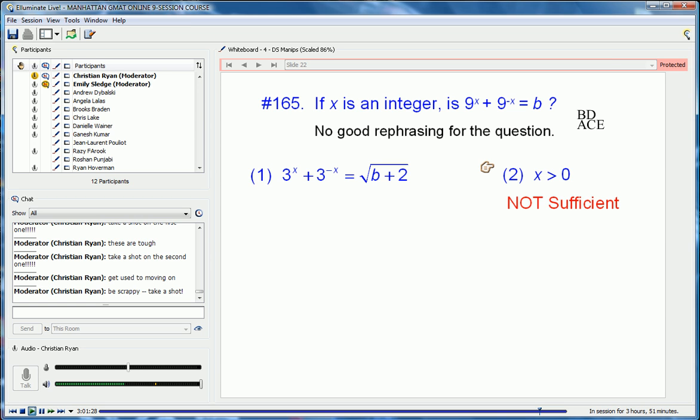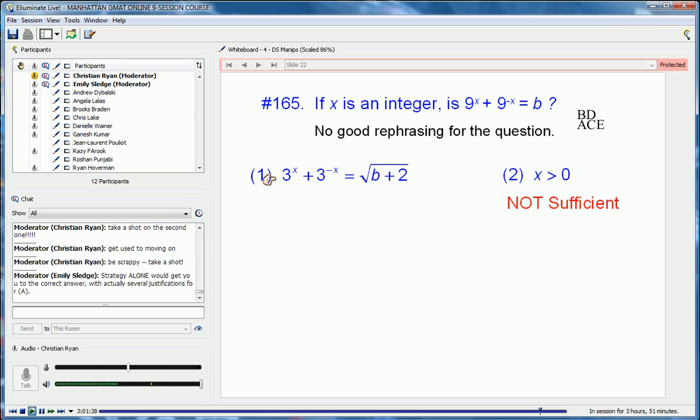And then when I'm going between A and E on a statement like this, what I want to do is square this bad boy up, statement 1, and finally that'll give me B plus 2 on the right side, and it'll somehow get me close to this thing, and I bet it's going to be enough, whether it tells me yes or no. Now, what makes this a 700-plus level question is actually doing this math, but don't let this math be the thing that stumps you.